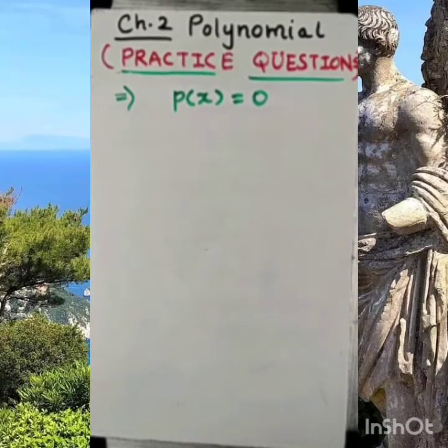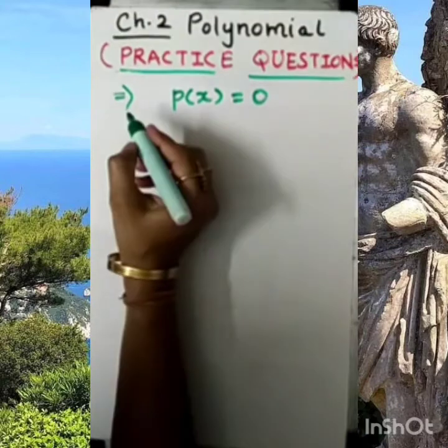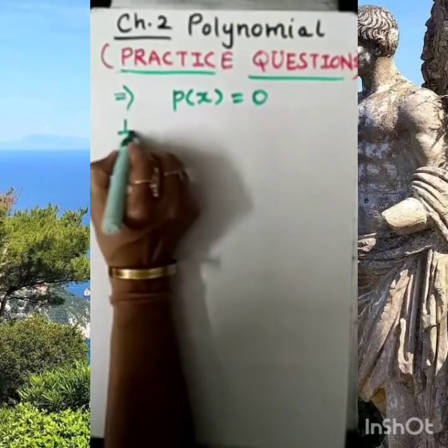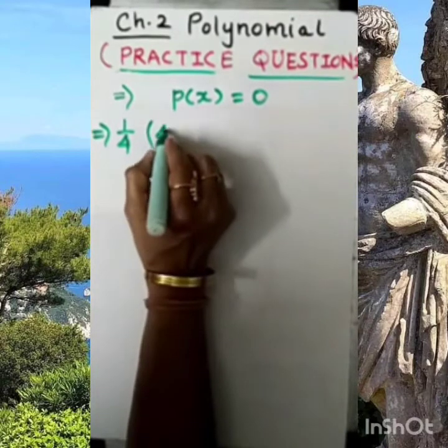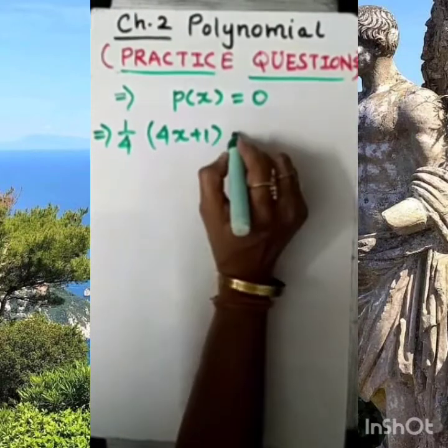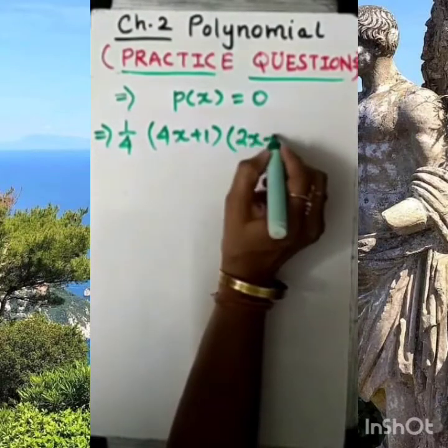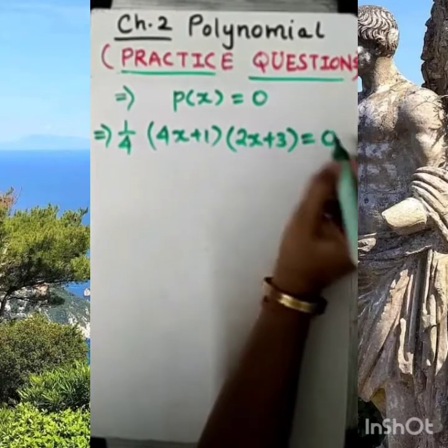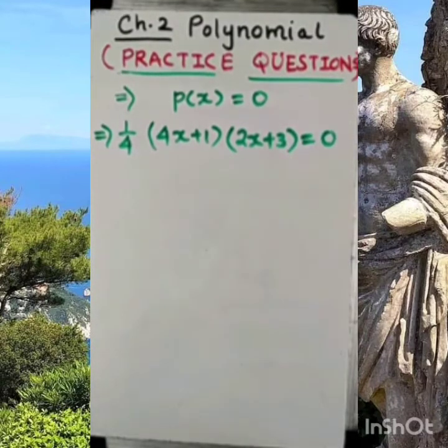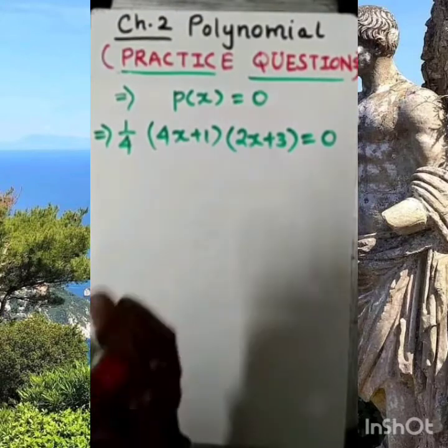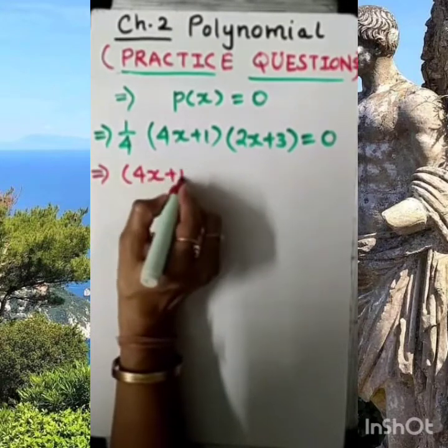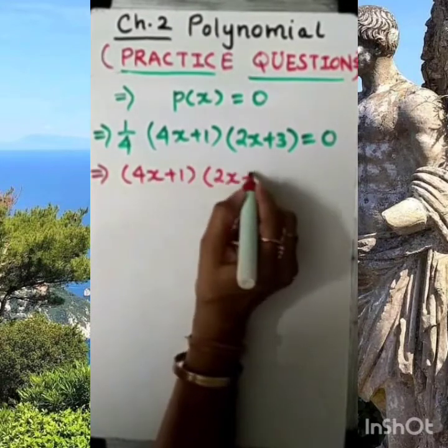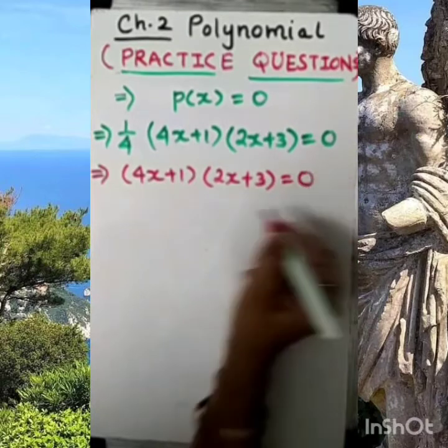As here px equals 0, what we got through the factors is 1 by 4, then one factor is this and another factor is this, and this is equal to 0. So let's simplify. As you know, this 4 will be multiplied to this side, so it will give the result 0. So we will have 4x plus 1 and 2x plus 3 equal to 0.